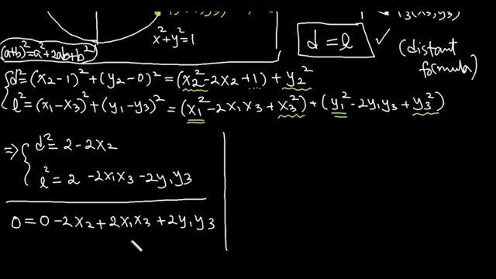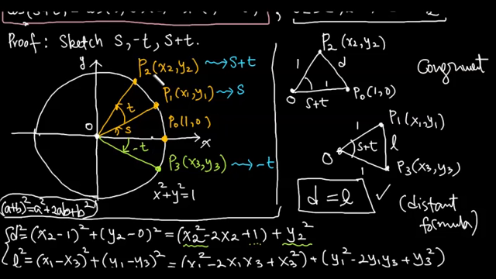Okay, so this is x2, and all the other things are coming from point 1 and point 3. So let me show you the point 2, point 1 and point 3 situation. Here's point 2, and point 1 and point 3 out here. Point 2 is associated with the angle s plus t. Point 1 and point 3 are the cosine and sine values of s and t.